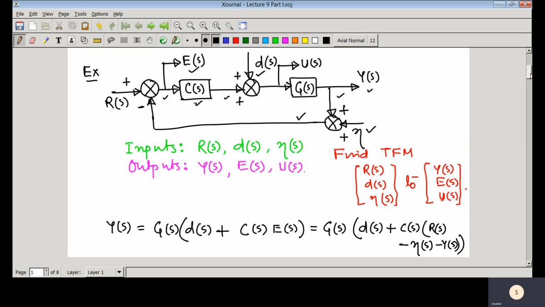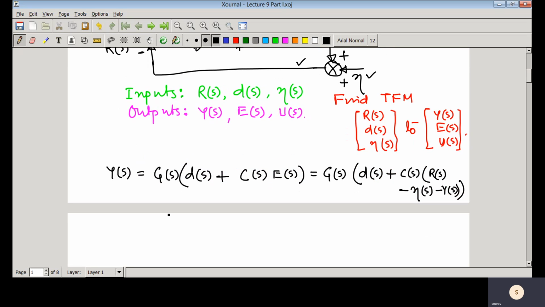So that means if you just simplify it, what will you get? That GS DS plus GS CS ES. So this one, okay, so this thing is not needed.